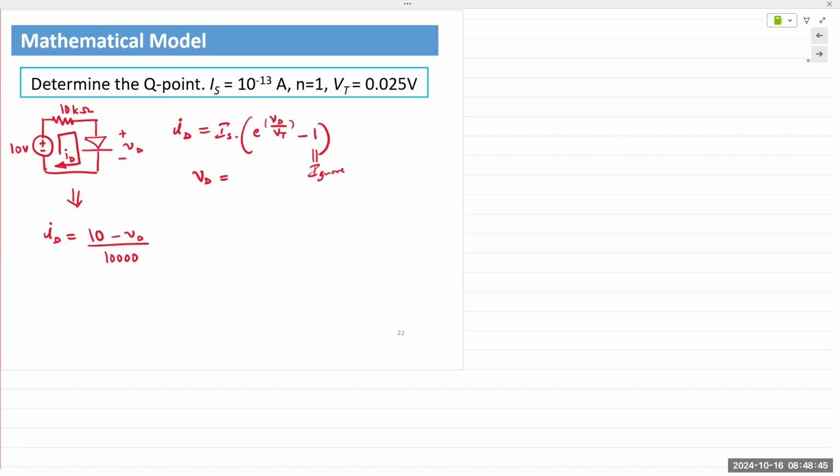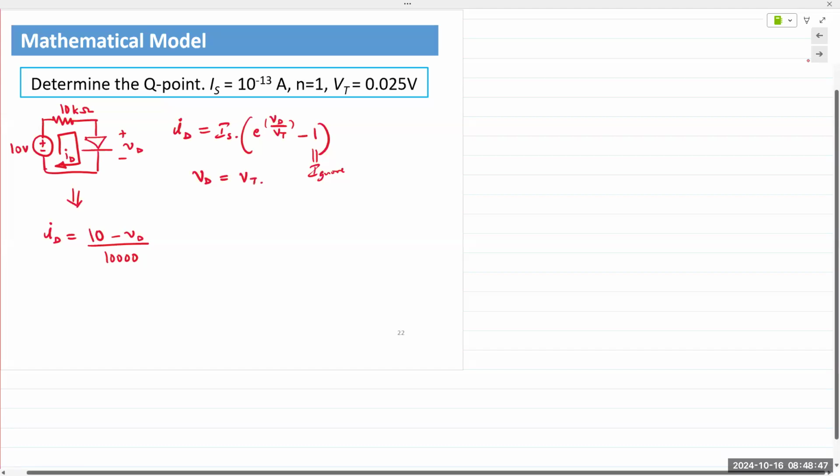And so I can write this as VT times log of ID over IS.